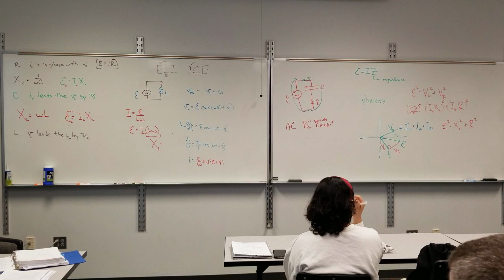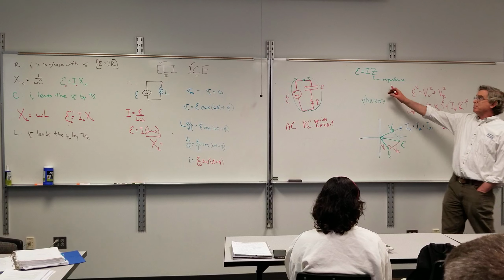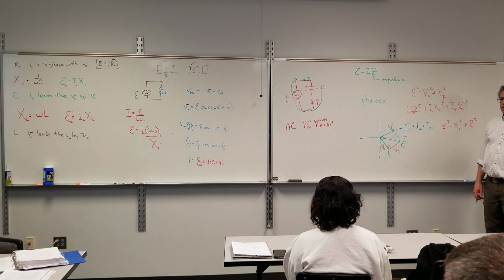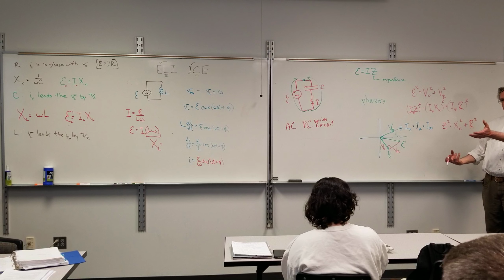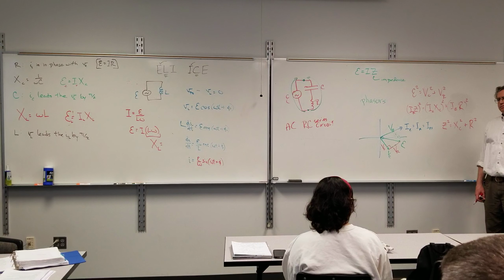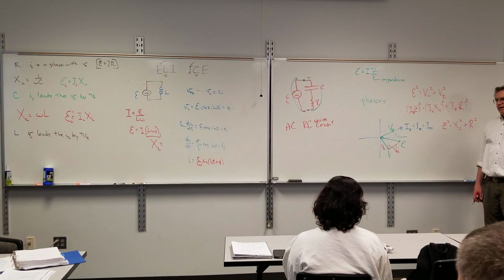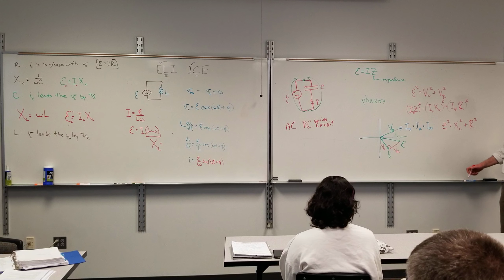Can you tell me what Z represents? Z is the impedance. It's sort of an AC analog of the equivalent resistance of a circuit. So where did the I go? Did you just cancel it?